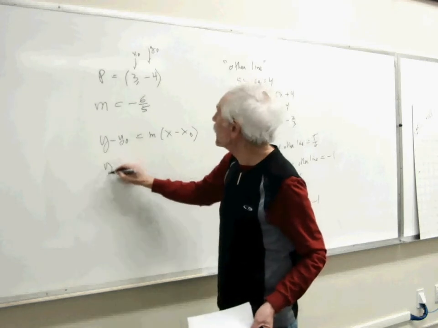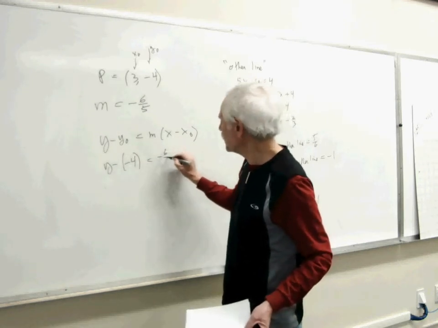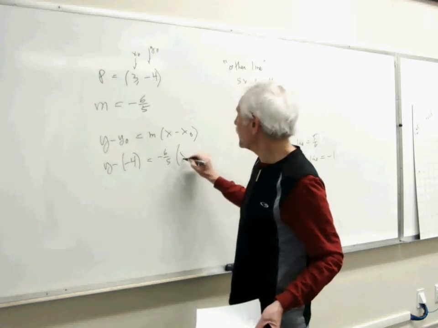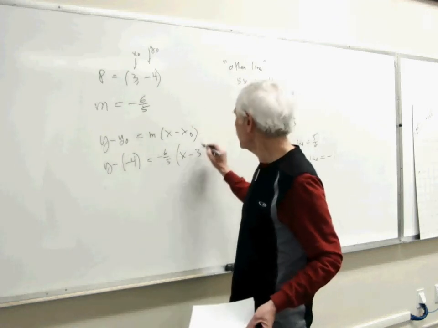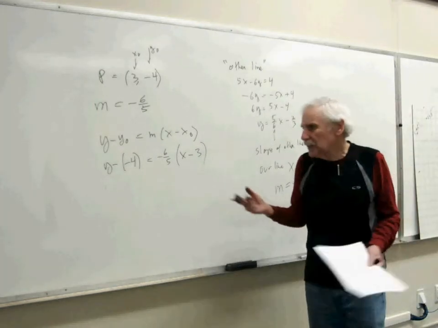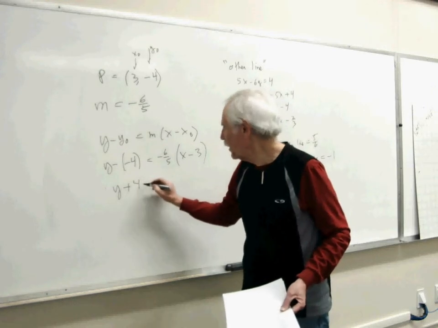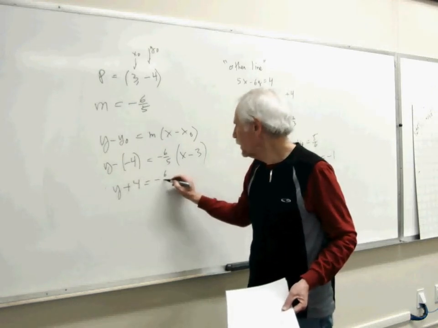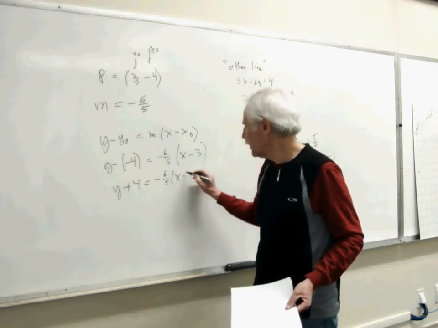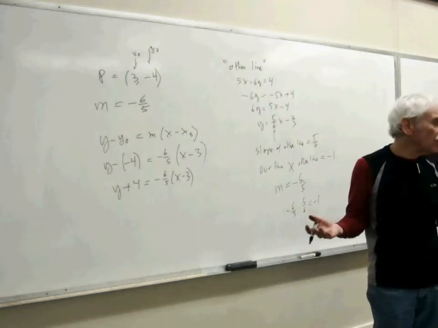So y minus minus 4 is equal to the slope, which is minus 6/5, times x minus 3. Now let's clean it up a little bit. y plus 4 is equal to minus 6/5 times x minus 3. That's about the only cleanup I need to do. That's point-slope form.